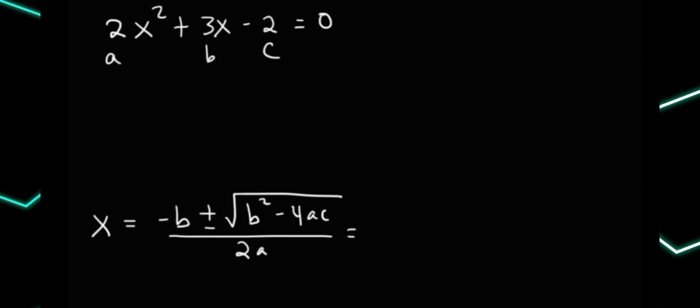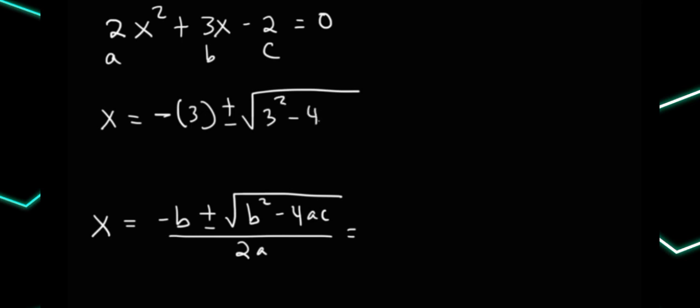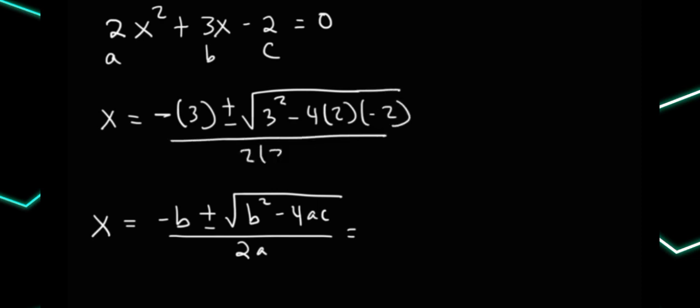Then we will substitute. x equals negative times positive 3 plus or minus the square root of 3 squared minus 4 times 2 times negative 2, over 2 times 2, which equals negative 3 plus or minus the square root of 9.